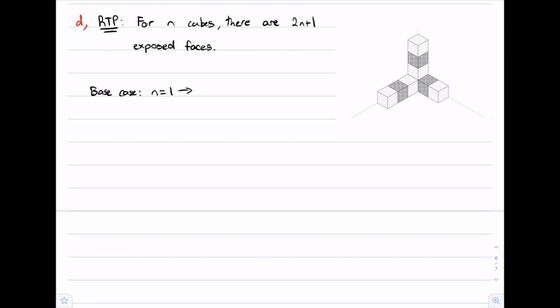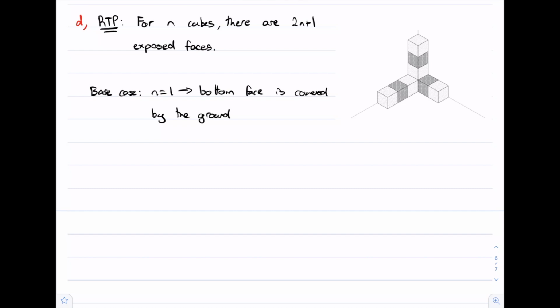Now, just think about this. When you have 1 cube, the bottom face is going to be covered because the bottom face is sitting on the ground, so it's covered by the ground. And then we have two faces which are covered up by the walls because they're pushed up against the walls.